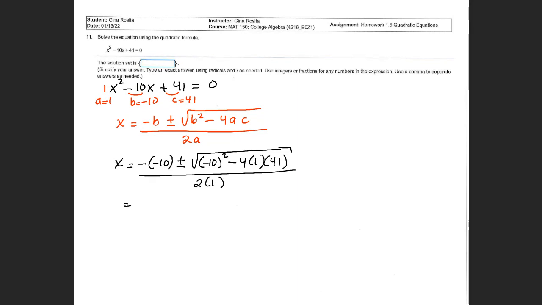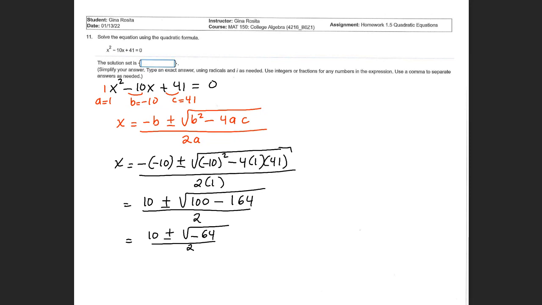Now we solve. Negative times negative is positive 10 plus or minus the square root of negative 10 times negative 10, which is 100, minus 4 times 1 times 41, which is 164, over 2 times 1, which is 2. So the answer is 10 plus or minus the square root of 100 minus 164, which is negative 64, over 2.